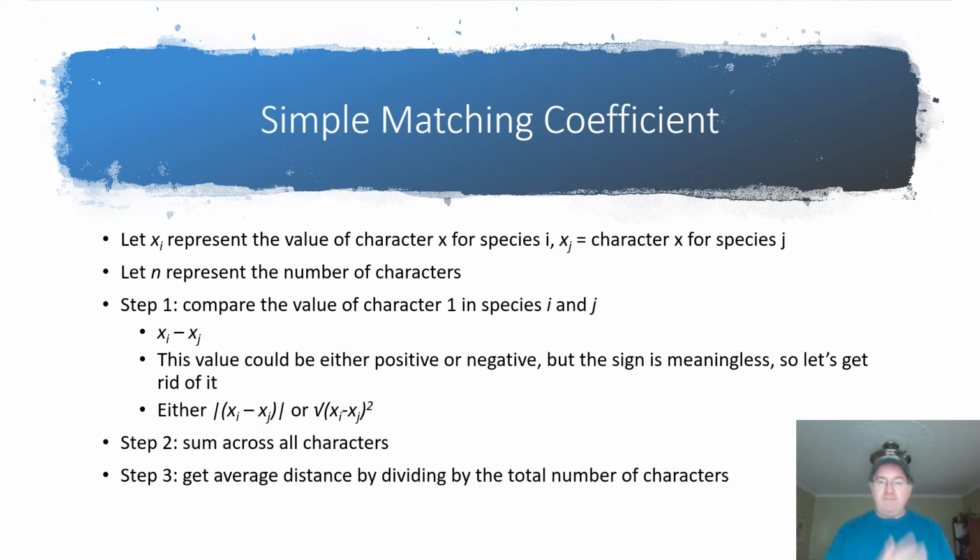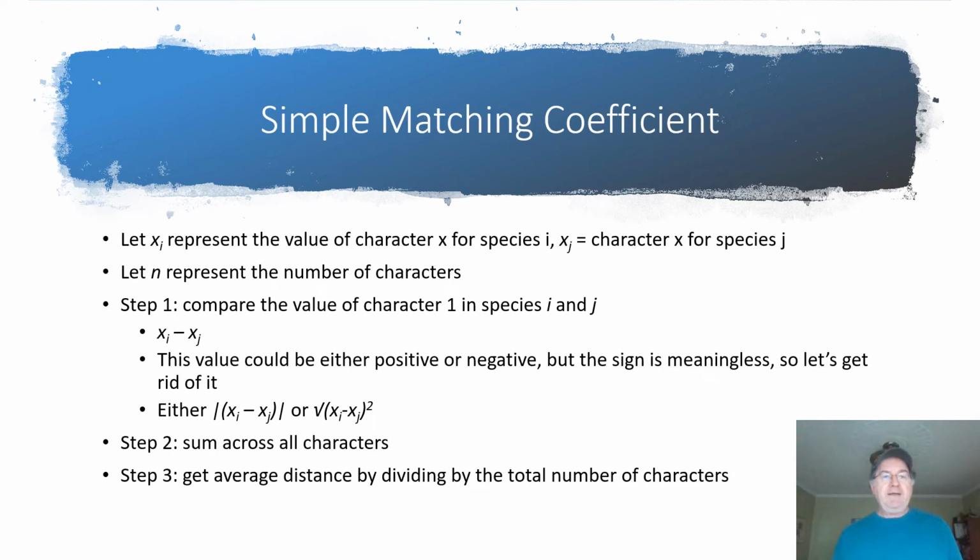So let's get rid of that sign when we compare the values for that character for those two species. And you can do it one of two ways. You can just take the absolute value of the character difference, or, and this is where it becomes valuable for more generalized forms of this simple matching coefficient, take the difference, square it, and then immediately take the square root of that, the positive square root.